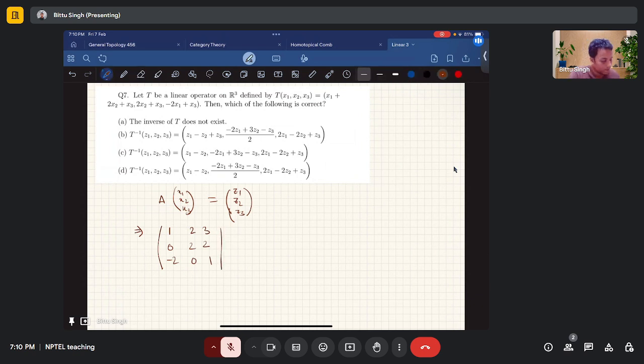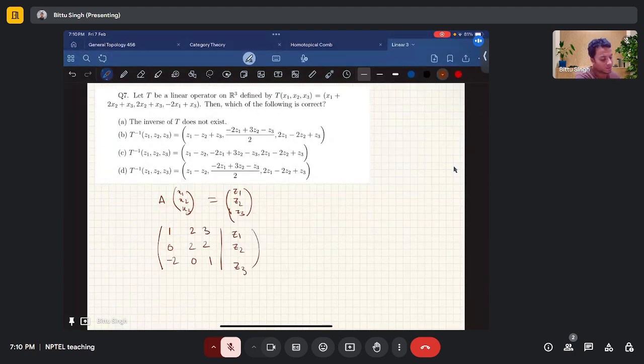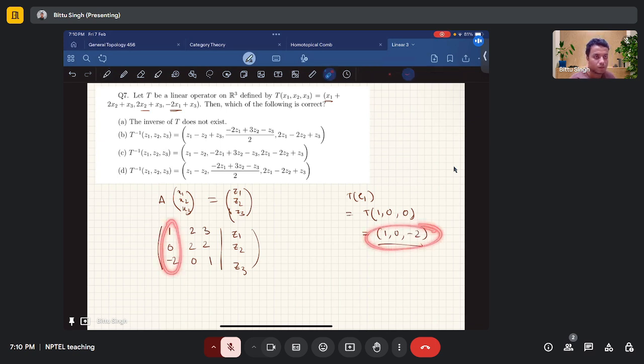So this is the matrix A, and again we take the augmented matrix with z1, z2, z3. We can easily see that this should be the matrix representation, because how do we get the matrix representation? We just put T of e1, where e1 means 1, 0, 0 in R3. So this will give you 1, 0, and minus 2. Just put 1, 0, minus 2 in the first column. Those give the matrix representation.